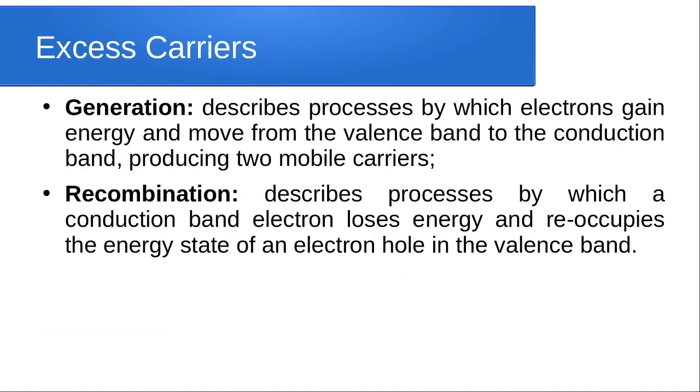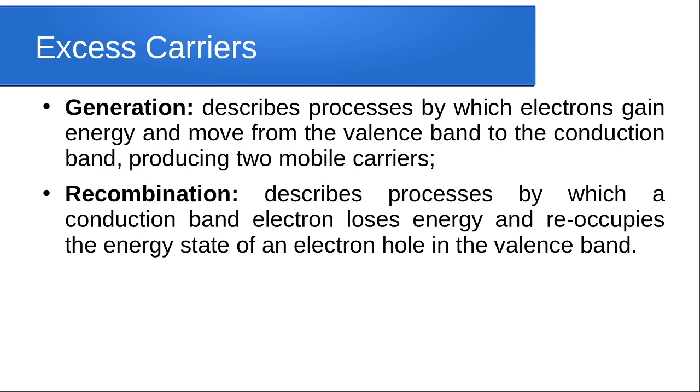In today's discussion, we will be concentrating on the excess carriers. And while we discuss excess carriers, we do it in two segments. The first segment will describe the generation of excess carriers. Generation describes processes by which electrons gain energy and move from the valence band to the conduction band, producing two mobile carriers.